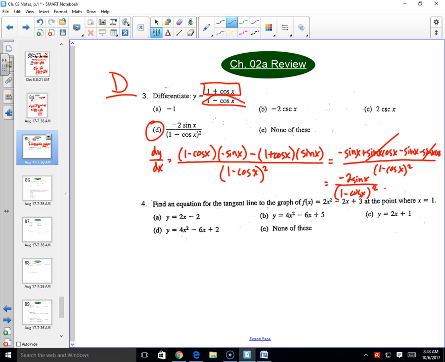Here's what I want to show you for the test. If this one showed a 1 minus cosine squared, and this one had a 1 plus, or if this had a negative 2 sine, and this one had a positive 2 sine, you'd think the rest don't even look like it, and the one that looks like it is wrong. Should you put none of these? No, not yet.